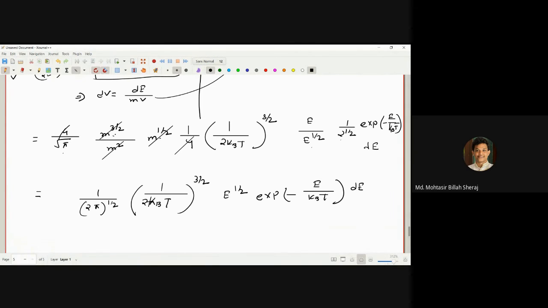So this is the final expression, I think, for the energy distribution function. But there should be a 2 here, right?